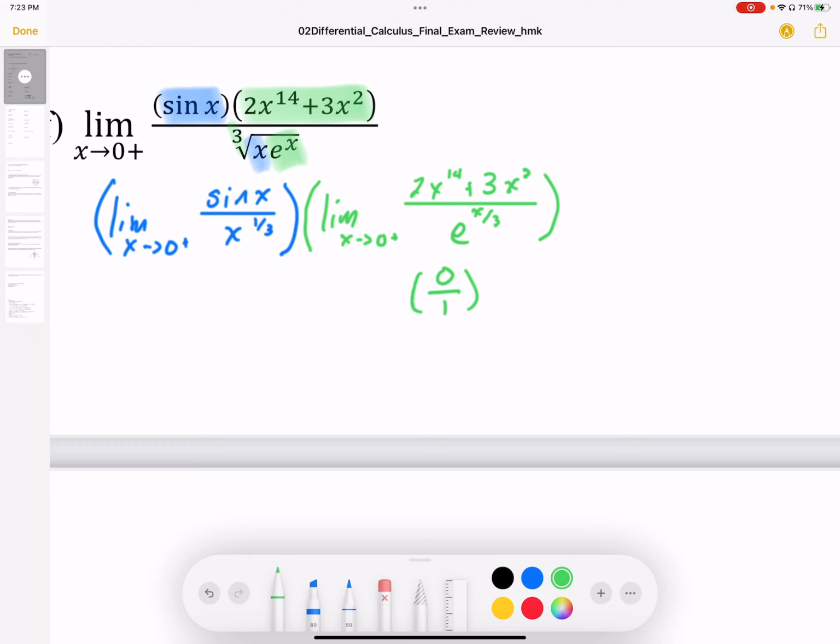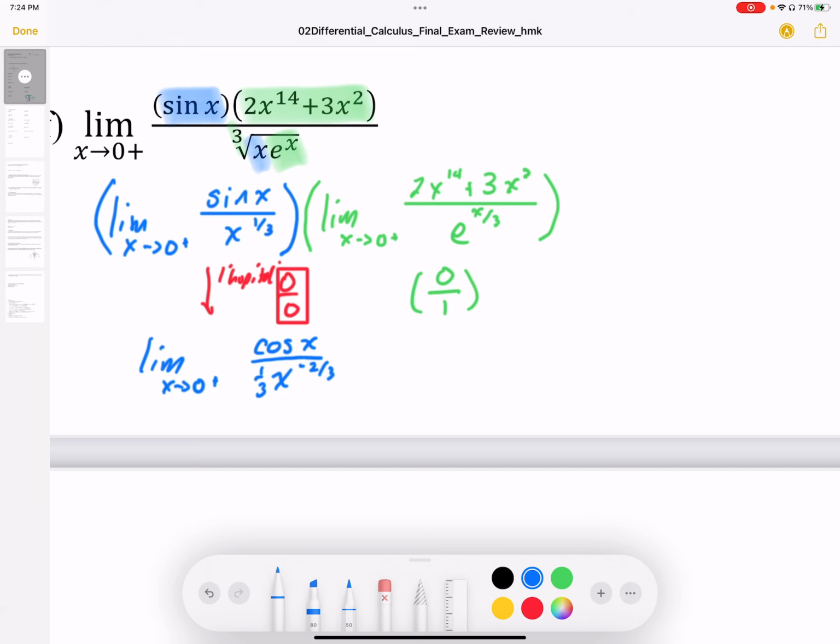For this portion here, I have the condition 0 over 0. So I have the condition for L'Hopital's, so I'm going to apply L'Hopital's. Okay, and then I'm going to end up with the limit as x approaches 0 of cosine of x over 1/3 x to the power negative 2/3.